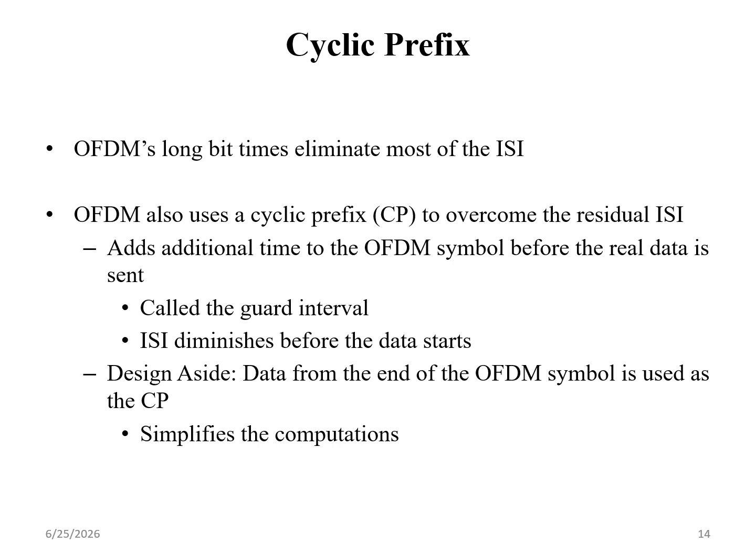Also, it diminishes the ISI before the data starts to transfer. The data from the end of the OFDM symbol is used as the prefix, which simplifies the computation. So by using this cyclic prefix, we simplify the computation.